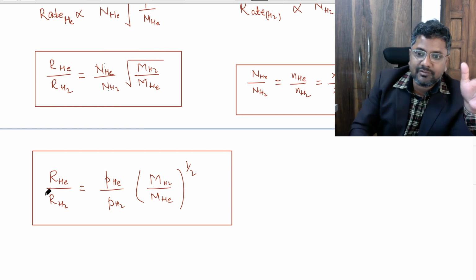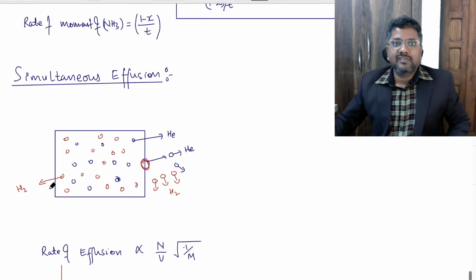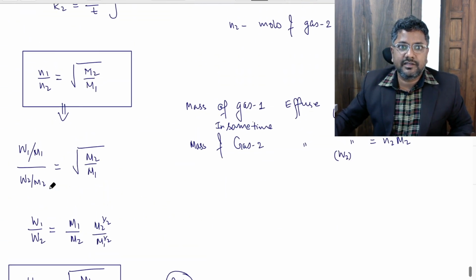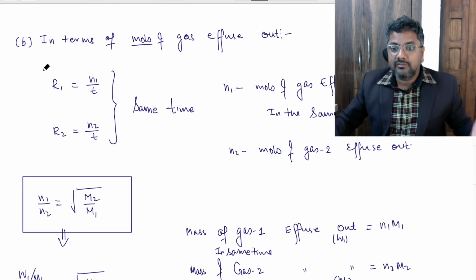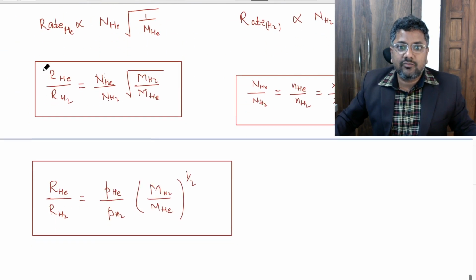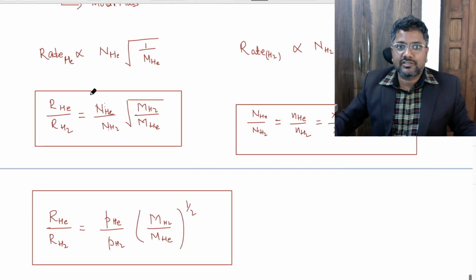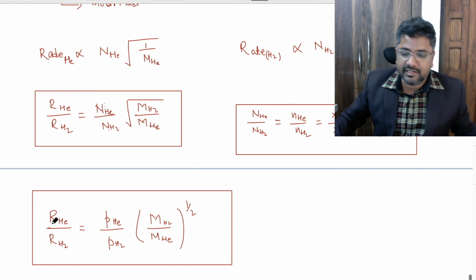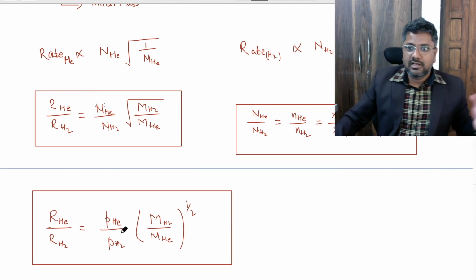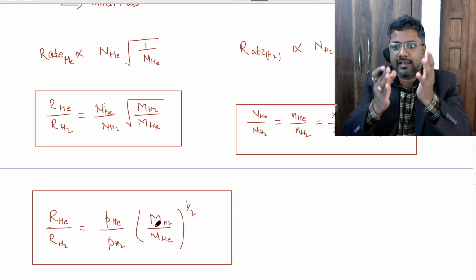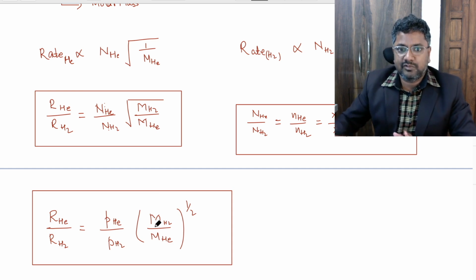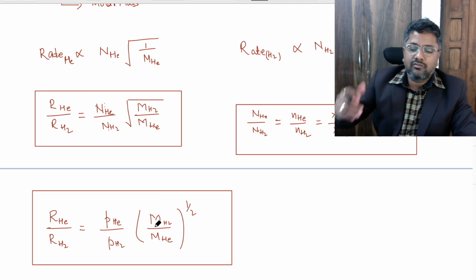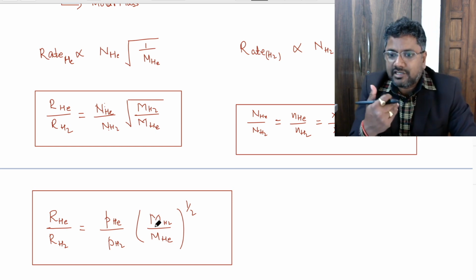So on the left hand side you can replace R in terms of moles coming out or mole fraction coming out. Sometimes students are confused about what the mole fraction ratio or pressure ratio refers to. Here, one side is what is coming out and the other is what we have taken. So you should be clear about the ratio you have taken of two or more gases together, and the mixture of gases coming out.